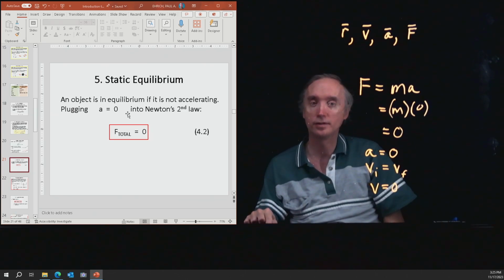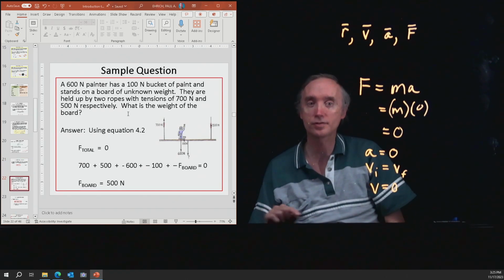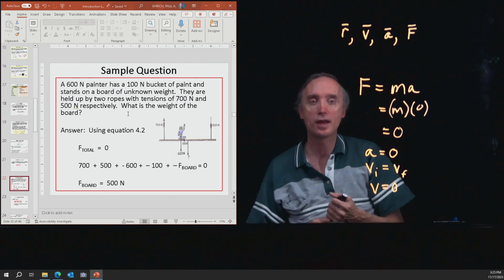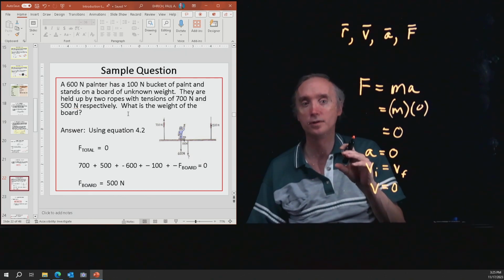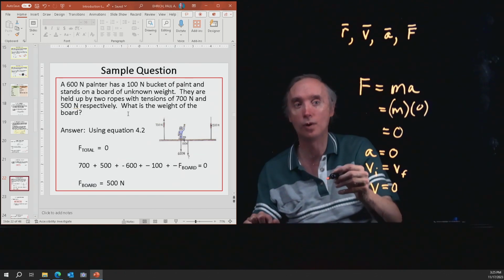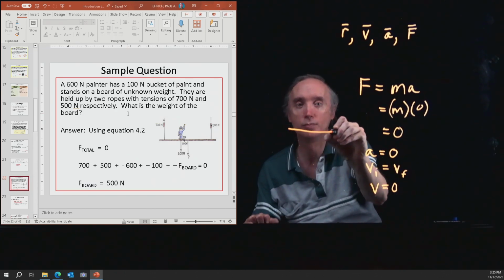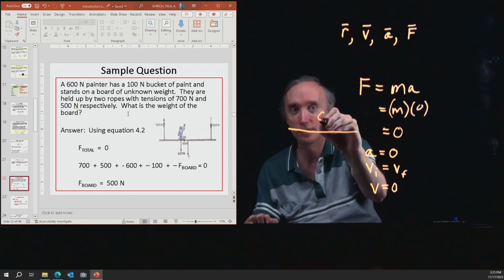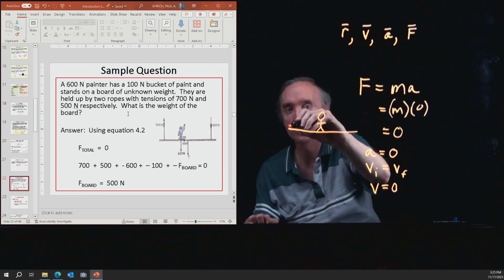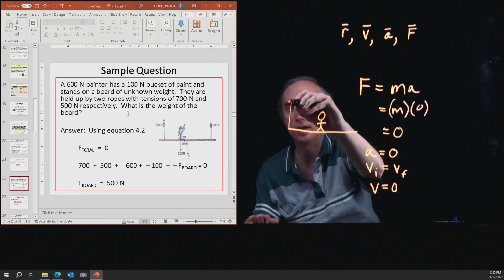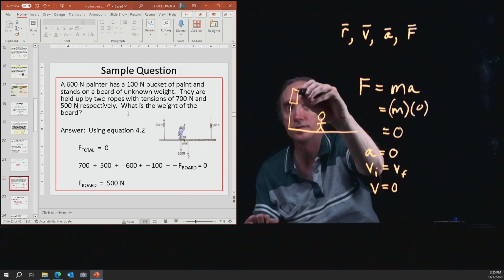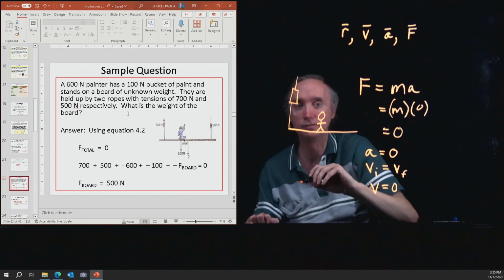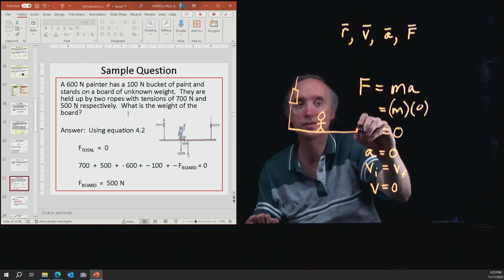Okay? So let's take a look at an example of this. Here we've got a painter, and he's standing on top of a board, and the board is being supported by 2 wires. So you've got this board like this, then you've got the person standing on top of it, and then you notice over here there is a wire, and then the wire is attached to a spring scale, and then over here is the same thing.